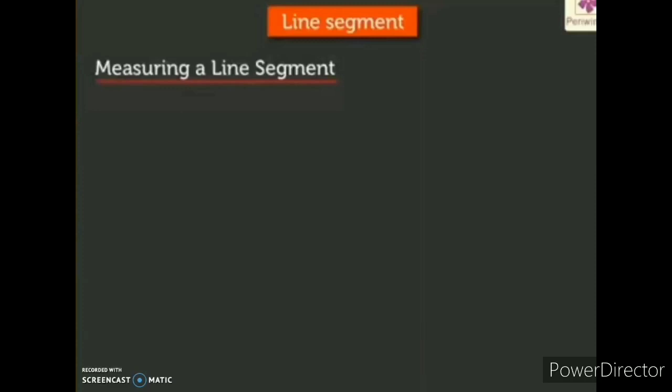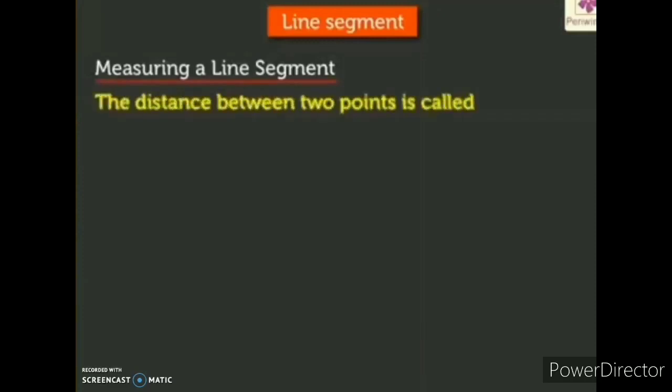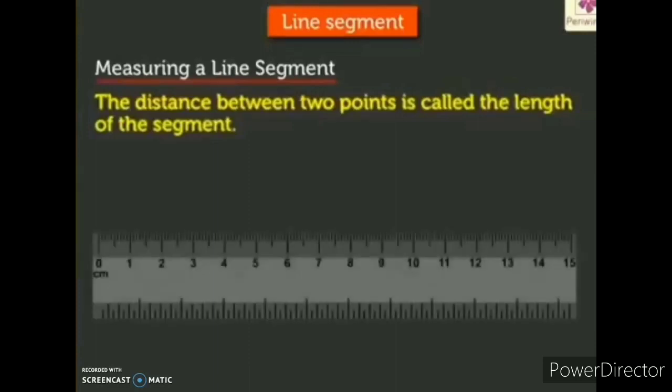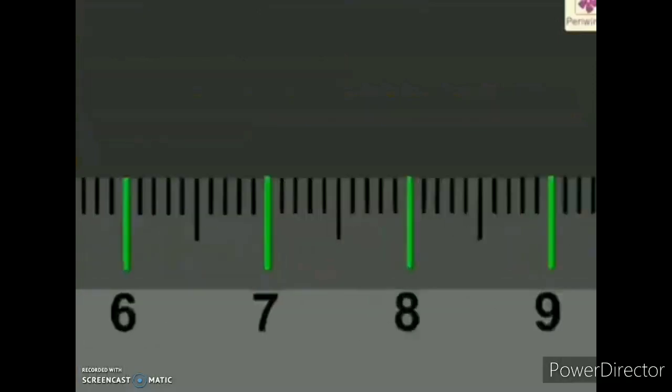Measuring a line segment. Let's see, children, how to measure a line segment. So the distance between 2 points in a line segment is called the length of the line segment. So we measure a line segment by use of a ruler.